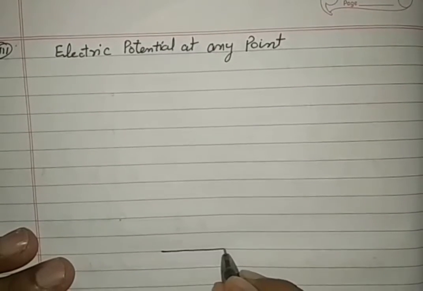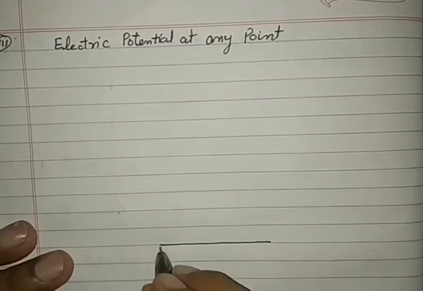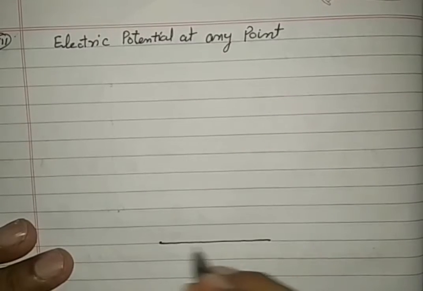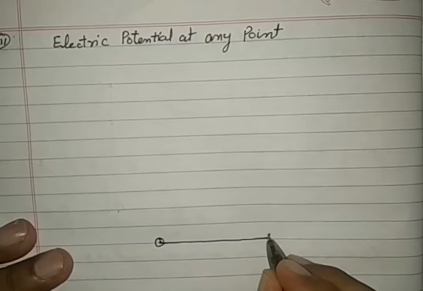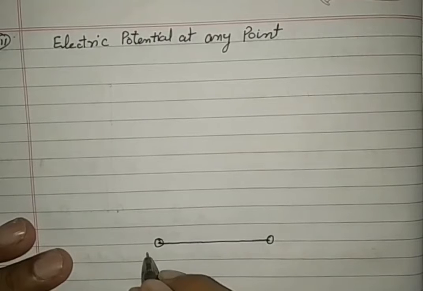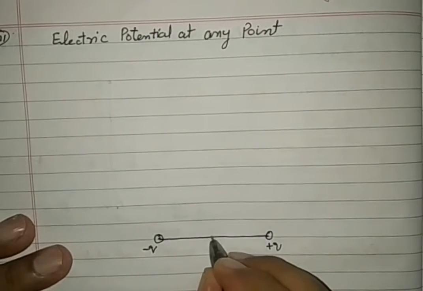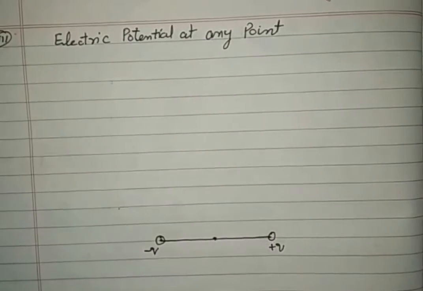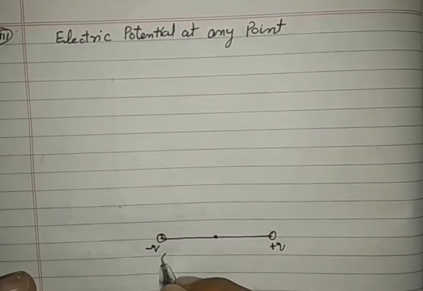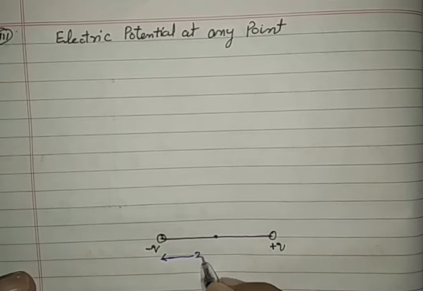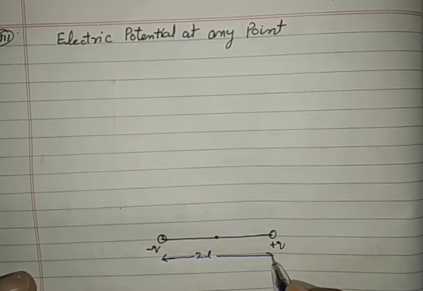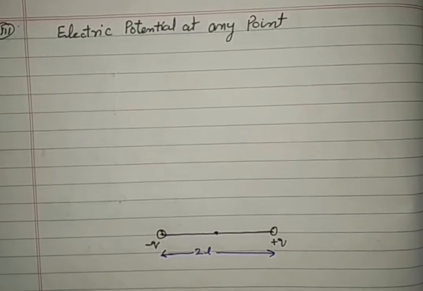So to understand it, let us consider this dipole's position. What is a dipole? Two equal and opposite charges separated by a finite distance. This finite distance we always take as 2L.